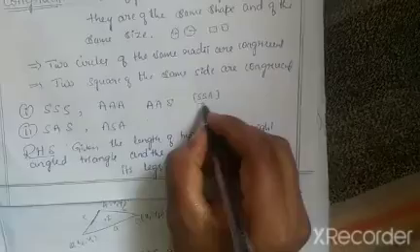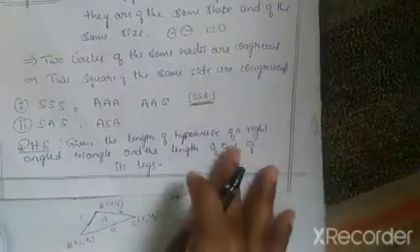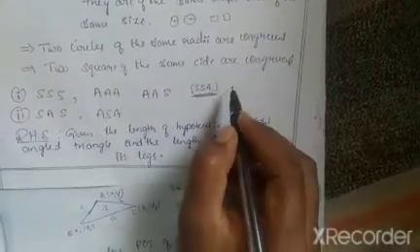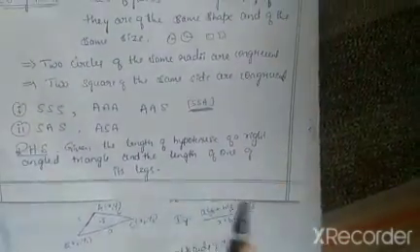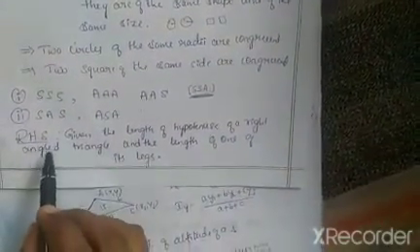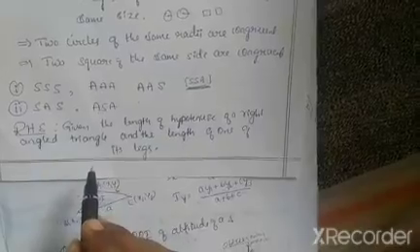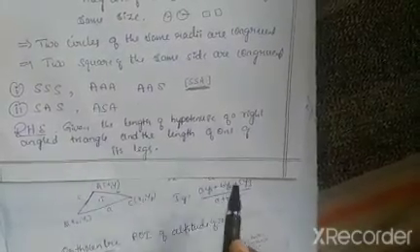It is not a theorem to prove, and it does not guarantee that the triangle is congruent. RHS is also important: given the length of the hypotenuse of a right angle triangle and the length of one of its legs.